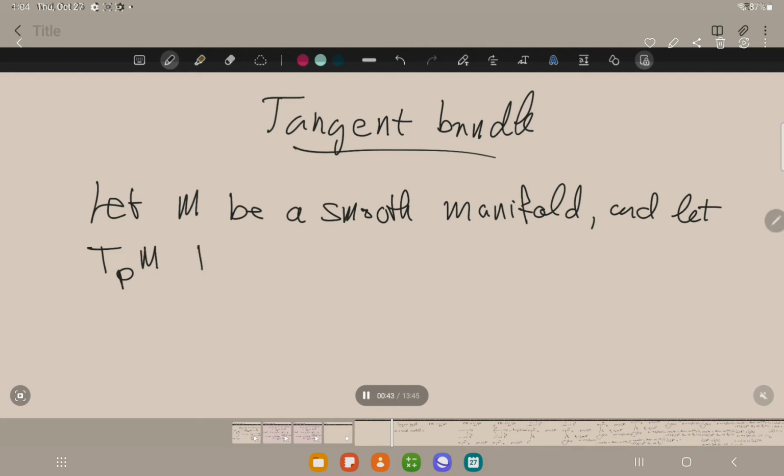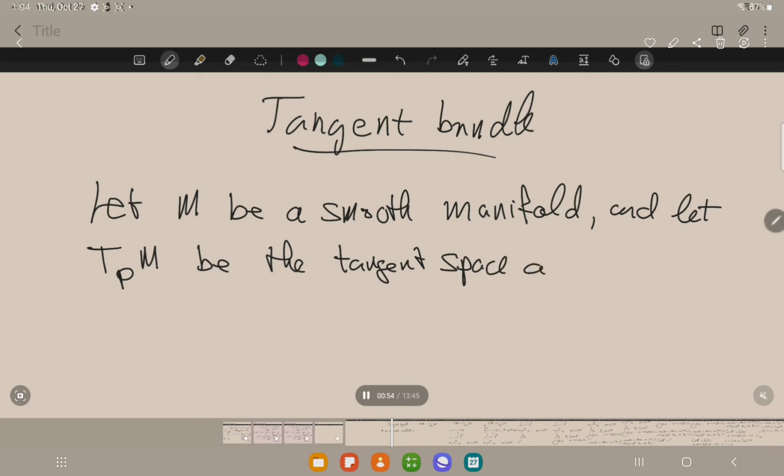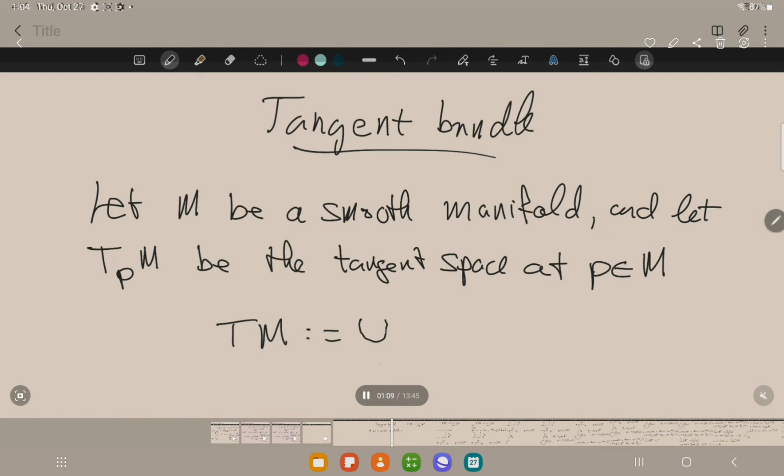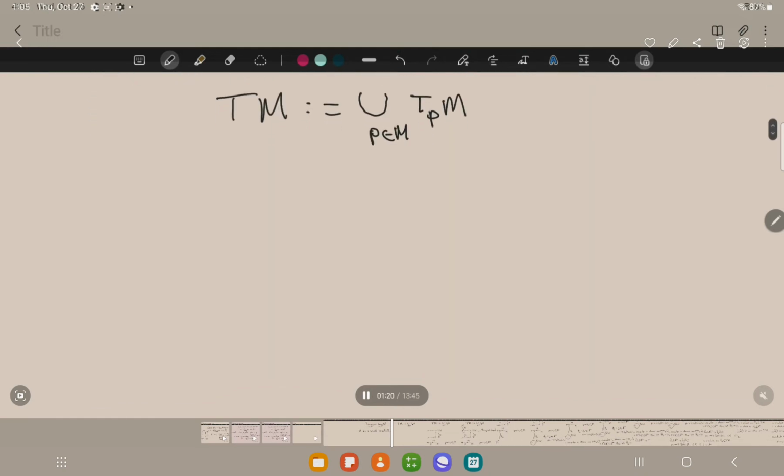Of course, let P be an element of M, and let T_P M be the tangent space containing the point P, where the space consists of all tangent vectors at the point P. The tangent bundle is defined to be the union of all the tangent spaces over all the points P on M, where M is the smooth manifold.